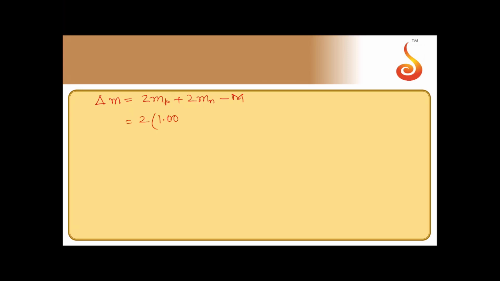That should be 2 into 1.007277 plus 1.00866 minus 4.001265. That is equal to 0.030609 atomic mass units.